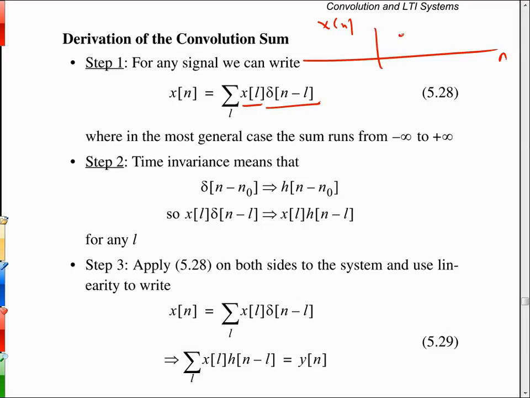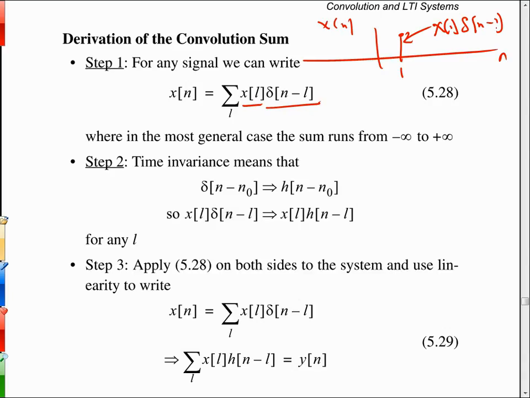That value, say at 1, would be x at 1 times delta of n minus 1. And then we can do that for all the other values.